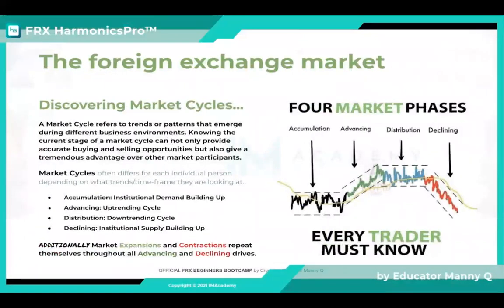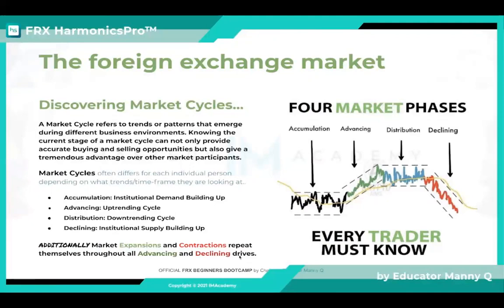Now, again, now that we understand the four market phases: accumulation, advancing, distribution, and declining, and there is a huge psychology behind that. Okay. But now additionally, I want to also introduce you guys to the concept of market expansions and contractions. All right. Market expansions and contractions repeat themselves throughout all advancing and declining drives.